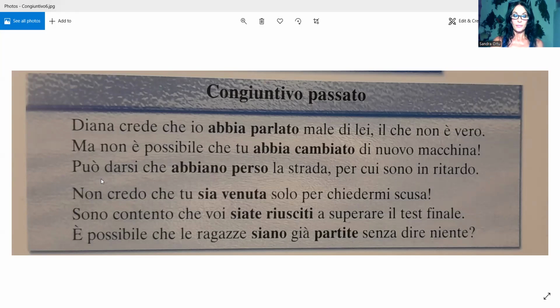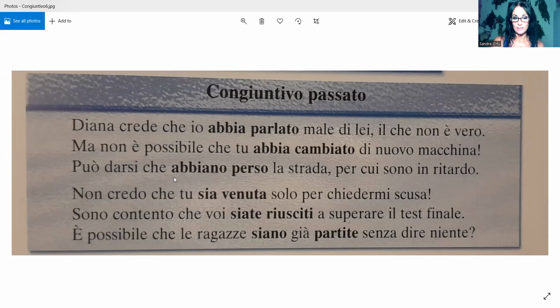Here we have può darsi che abbiano perso la strada, per cui sono in ritardo. Può darsi means it could be, so it is an expression that requires subjunctive. It could be that they have lost the road, so they got lost, basically. Therefore, they are late.